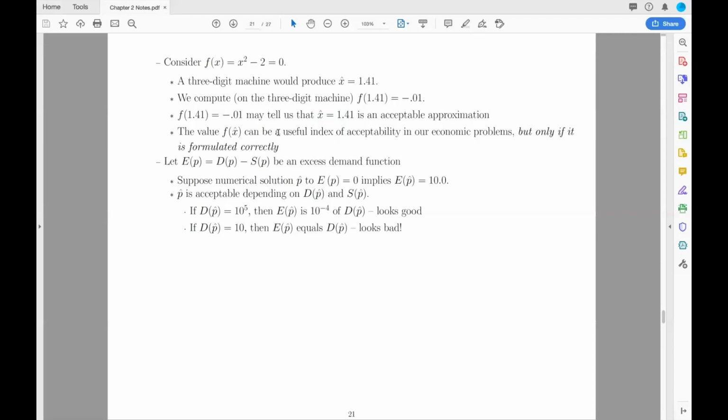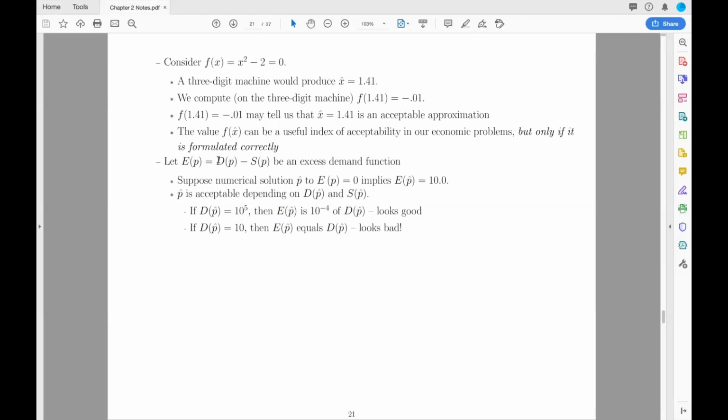When you're reading numerical analysis books or math books, there's no context there, so they just tell you about limits of this or that because there's no particular context. When I talk about these things, like today, it is in the context of economic models. And having that context allows you to make some judgments about what's a big error, what's a small error.